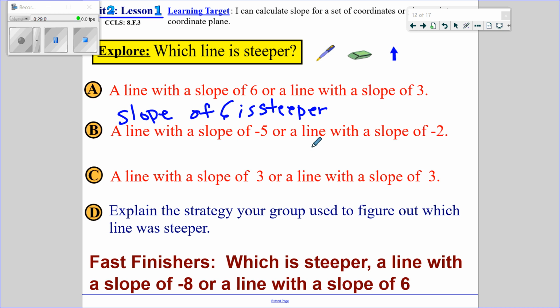They're both negative slopes. You don't look at the negative, you just look at the number, because the negative is not telling you it's smaller by a number. It's just telling you what direction the line is going. So a slope of -5 is steeper.